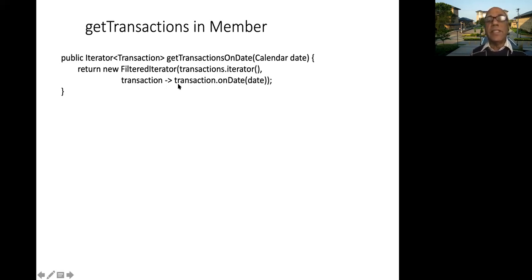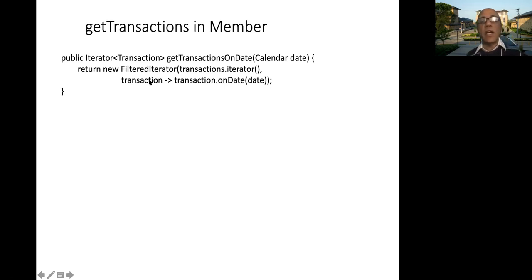And the second parameter is the test. What is the test? Given a transaction, does the transaction fall on this date? So this date is here. You must recall that on date is a method in the transaction class which checks if the given date is equal to the date in that transaction. So given a transaction, check whether the transaction falls on that date. So this is the test to be applied for every transaction.